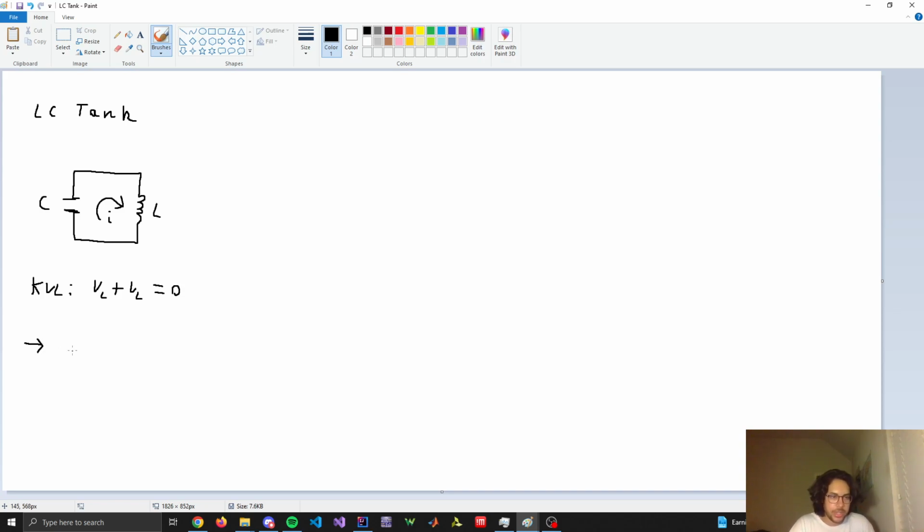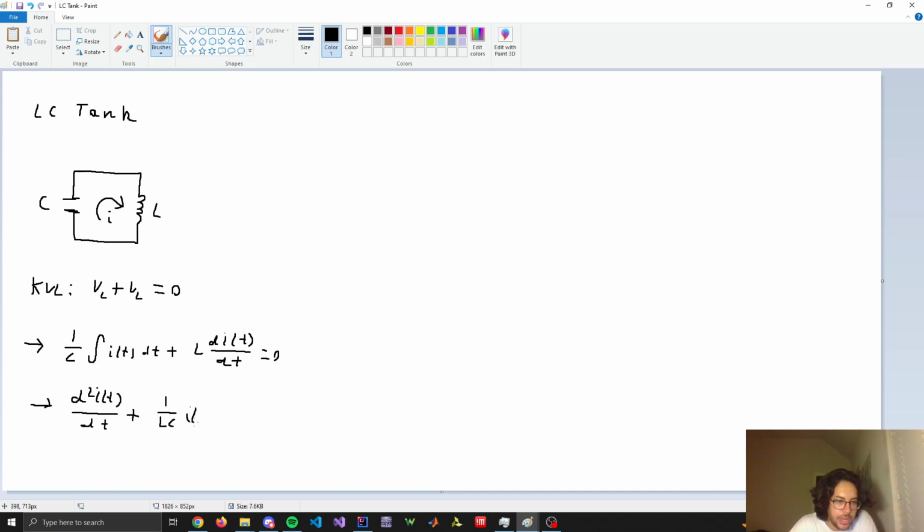But writing that KVL, that's 1 over C times the integral of I plus, VL is L di over dt equals 0. So rearranging, I get second derivative of I plus 1 over LC I equals 0.